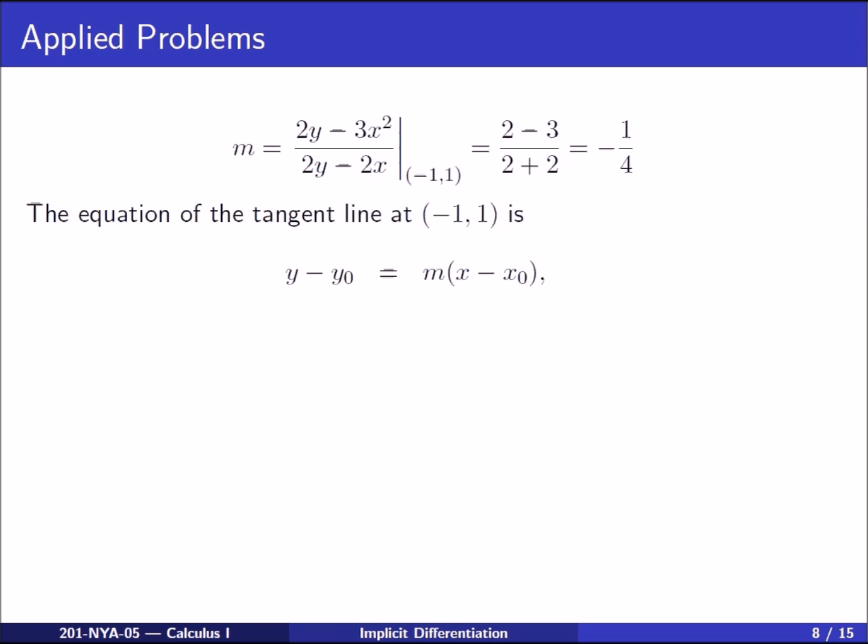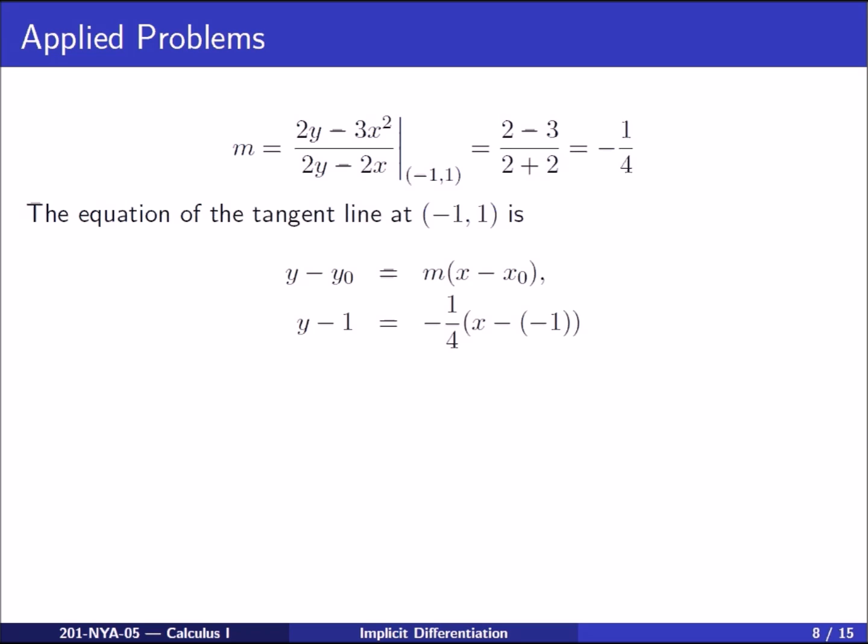To get the equation of the tangent line at (minus 1, 1), I can use the point-slope equation for a line. We're given a point and a slope, so it's natural to use the point-slope equation, which is of the form y minus the y-coordinate of the point is equal to the slope times x minus the x-coordinate of the point. If we replace m, x0, and y0 by their values, we get this.